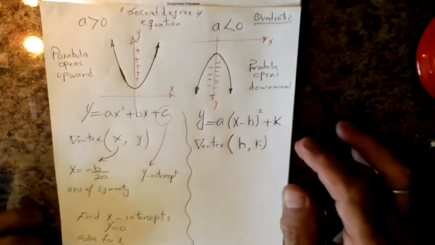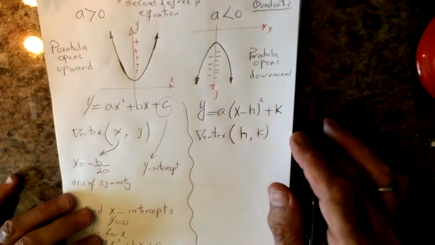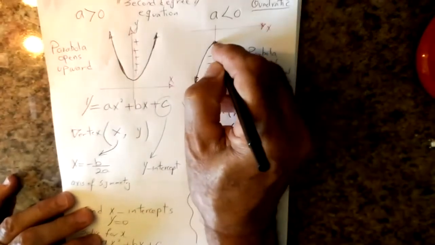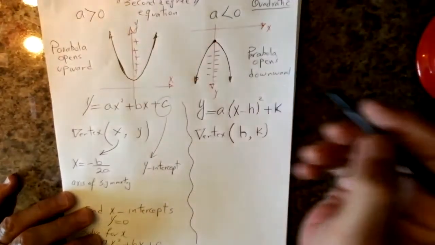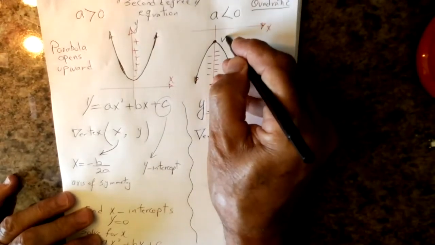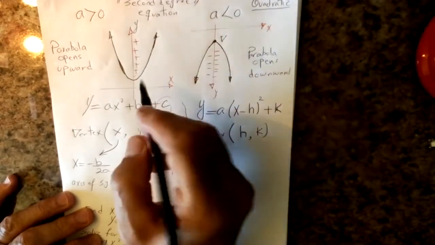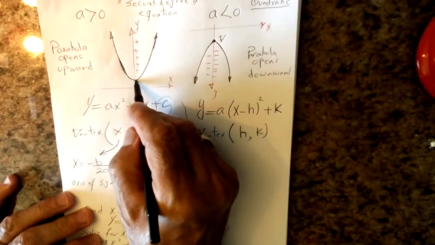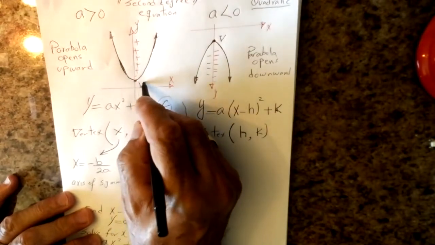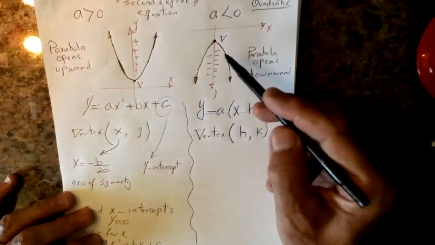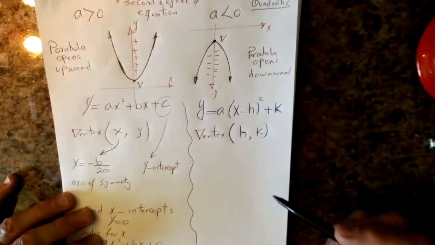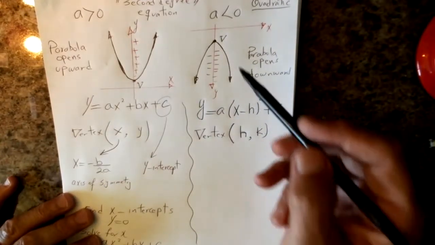Every parabola has a highest or a lowest point. This highest point here, they call it the vertex. And the lowest point on the parabola is also a vertex. So you either have the highest or the lowest point, which we call the vertex.